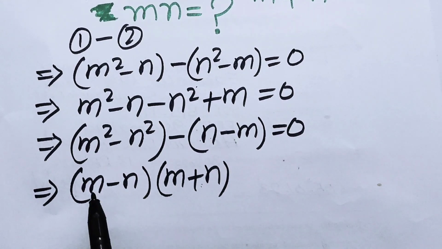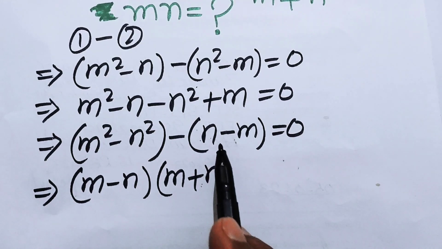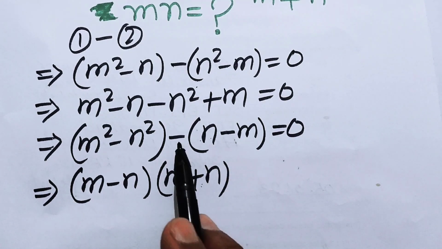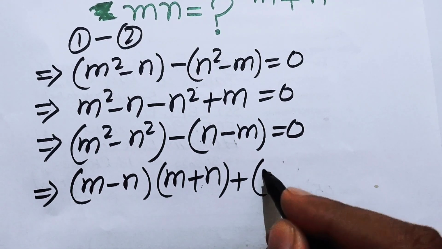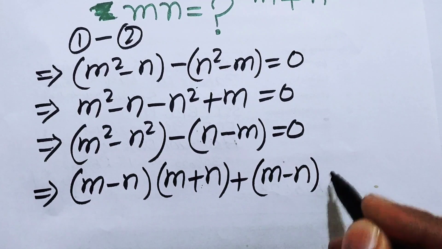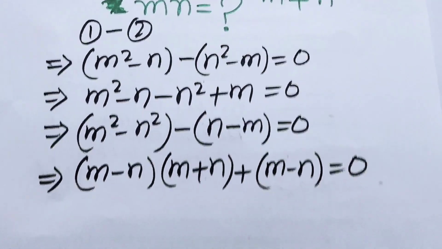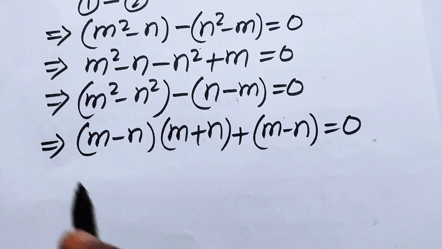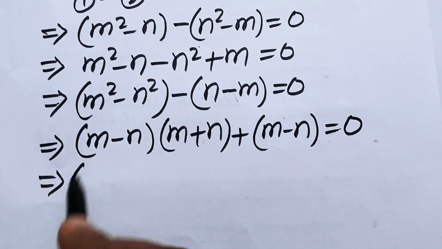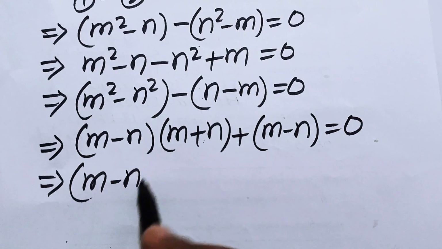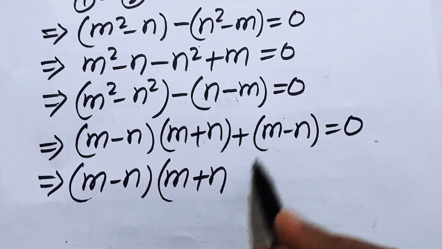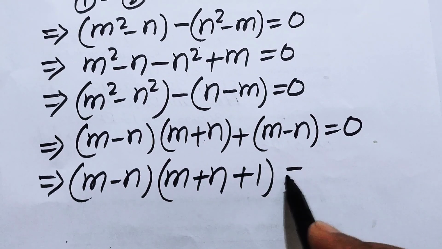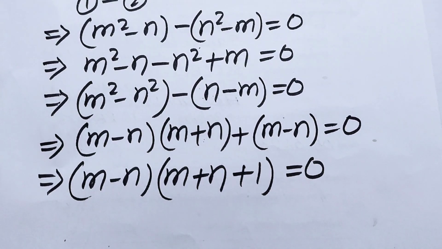Because here you have n minus m, in order to make this factor m minus n we take common minus 1, and you get plus m minus n, and this whole equals to 0. Now you see that we have m minus n as a common factor, and we take it common, and you get m minus n times of m plus n plus 1 equals to 0.